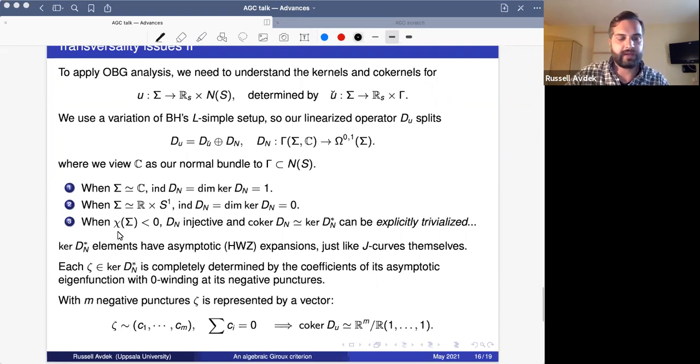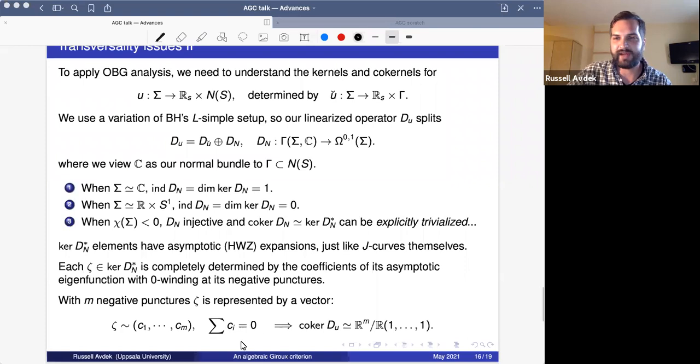And it ends up that when you have such an element, it's completely determined by the coefficients of its asymptotic eigenfunction, which has winding number 0, just at the negative punctures. So in particular, if we have m negative punctures, we can represent an element of the co-kernel bundle by just an m-dimensional vector.